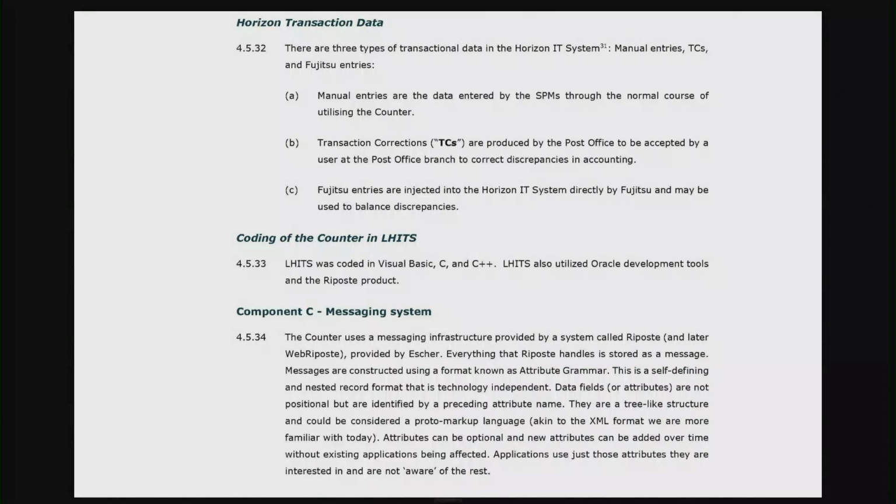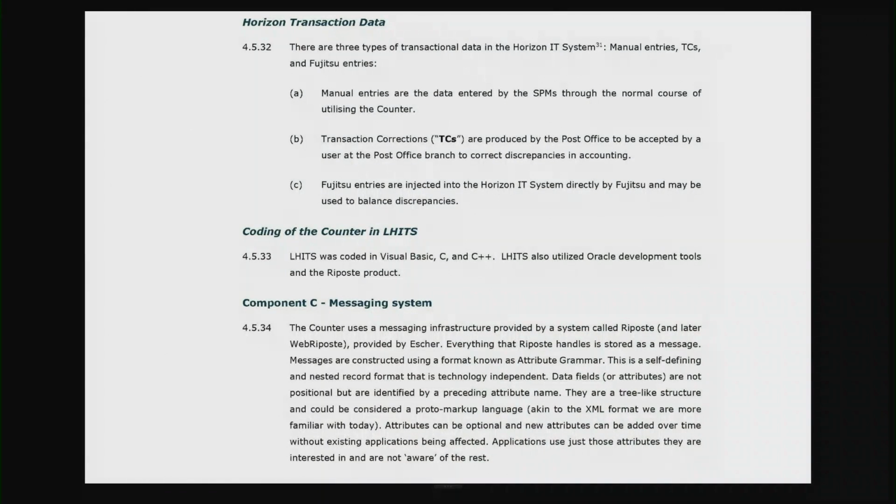Yes, so a messaging infrastructure is a way of encapsulating data in a structured manner so it can be communicated in bits and bytes to other parts of the system. So it's data with a lot of structure around it so that other components of the system can understand what that data means.